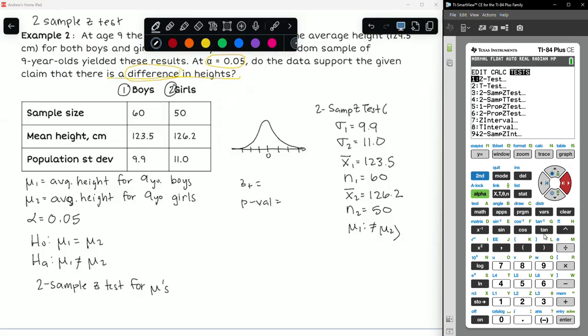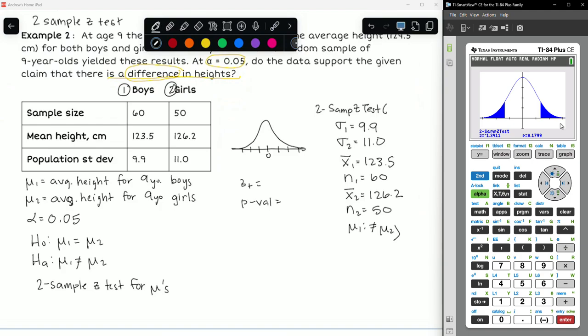So we go to two-sample z-test on our calculator, and we enter those values. And in this case, we get a test statistic of negative 1.34 and a p-value of 0.1799, so about 1/8 or 18%.